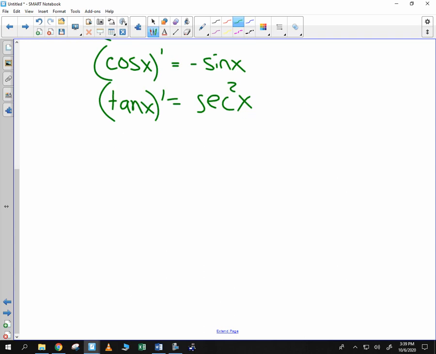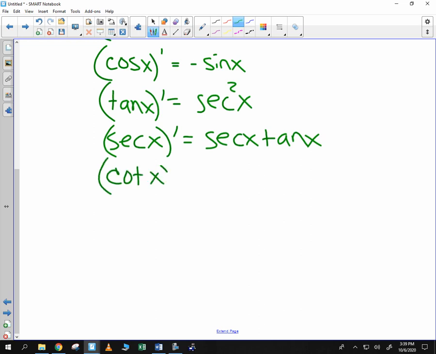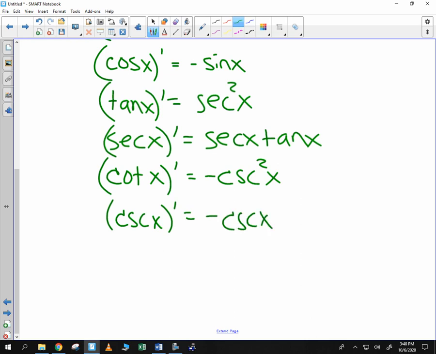The derivative of secant of x is secant of x times the tangent of x. The derivative of cotangent of x is negative cosecant squared of x. The derivative of cosecant of x is negative cosecant of x times cotangent of x.